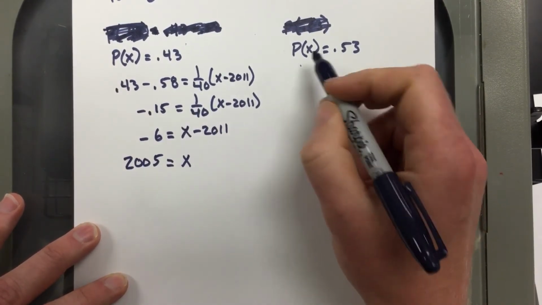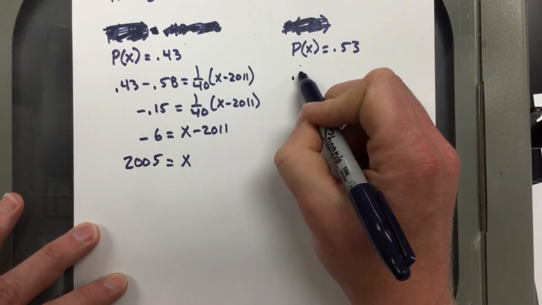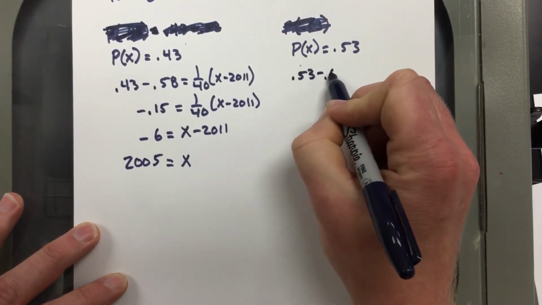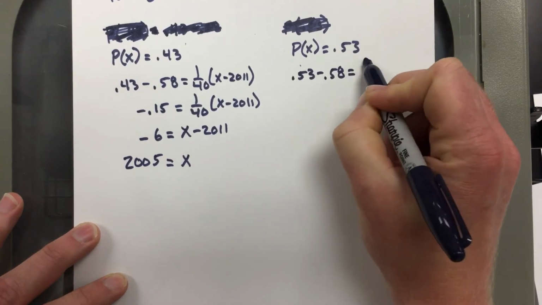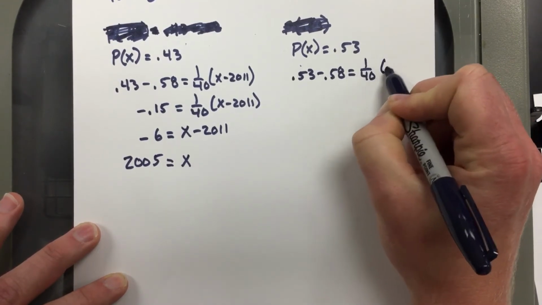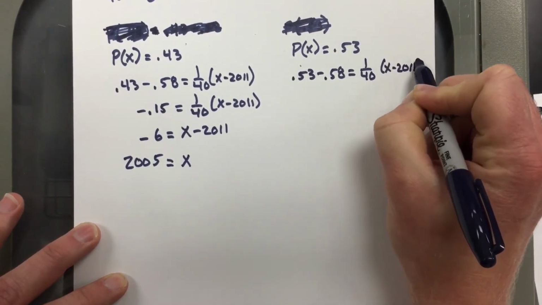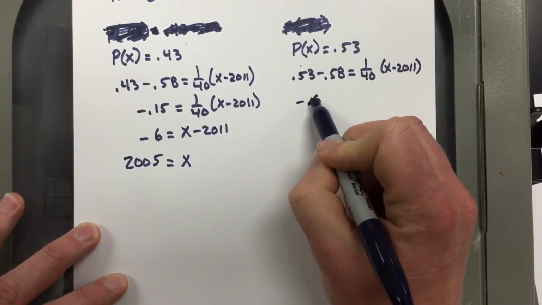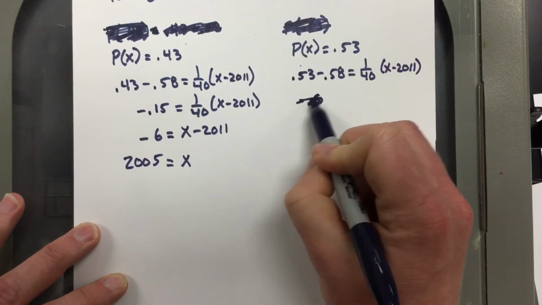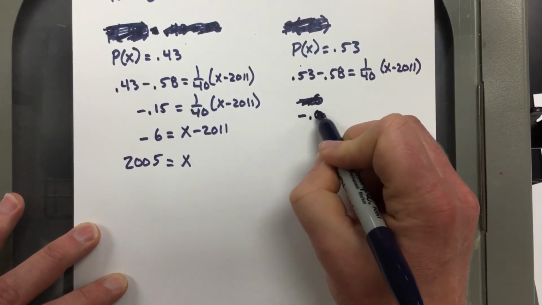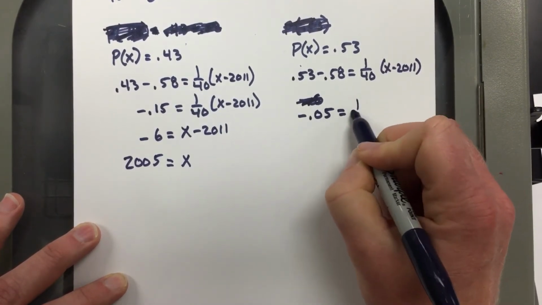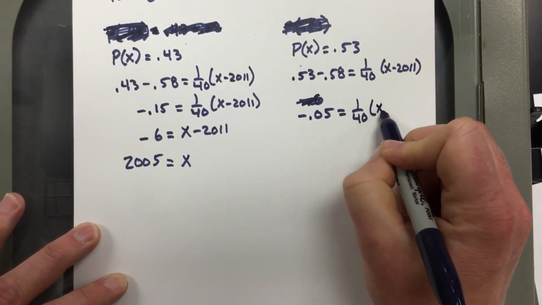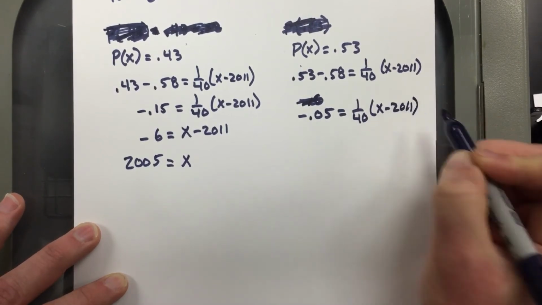Now, if I do the same thing over here, that's going to give 0.53 minus 0.58 equals 1 over 40 times (x minus 2011). That'll give negative 0.05 equals 1 over 40 times (x minus 2011).